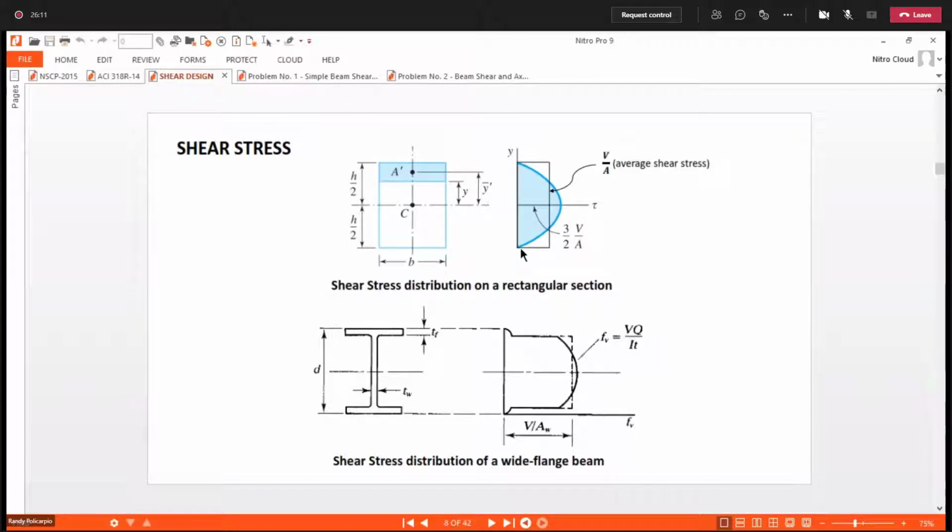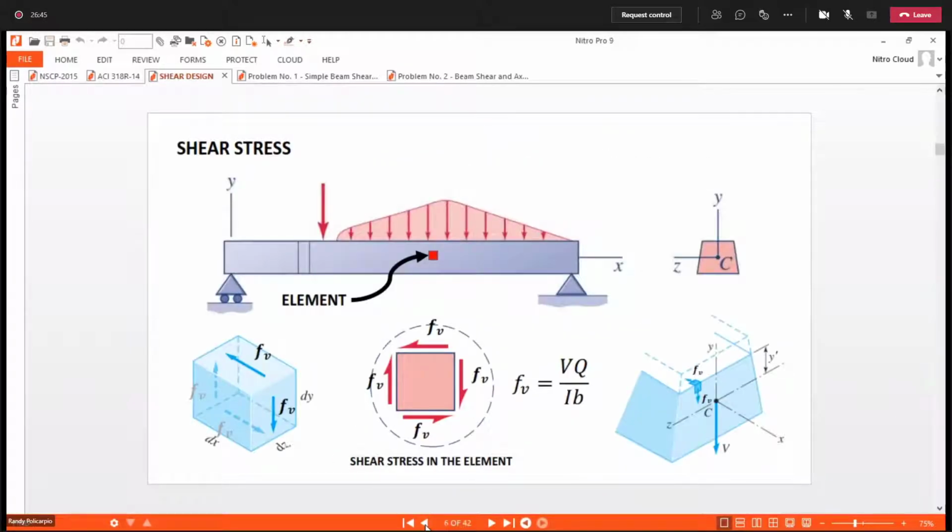Now, for a wide flange beam, this is the shape of our shear stress diagram. So that is about the shear stress formula. You can determine the shear stress distribution with respect to the cross section.